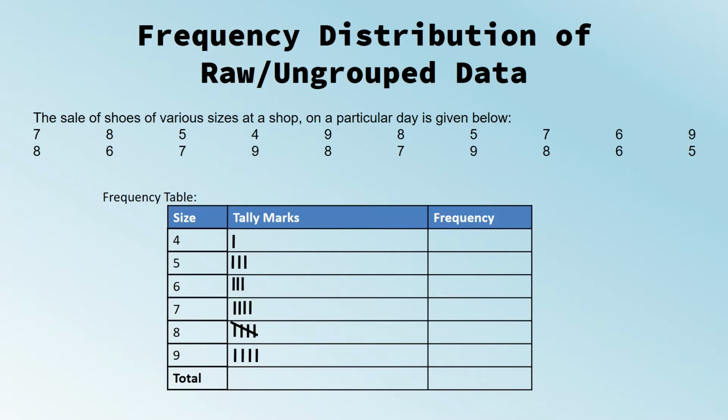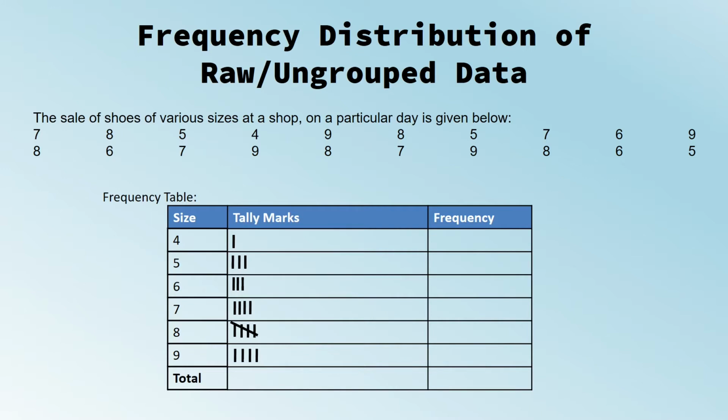Now once we are done with all the numbers with their tally marks, we count the tally marks for each of the given sizes. So the size 4 has tally mark 1. That means the shoes of size 4 is only one which is being sold on that particular day.